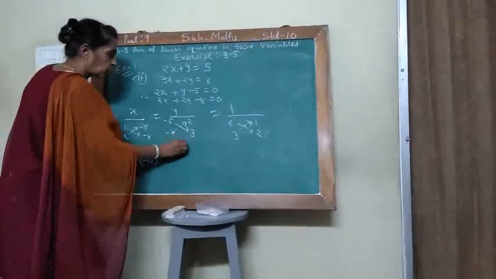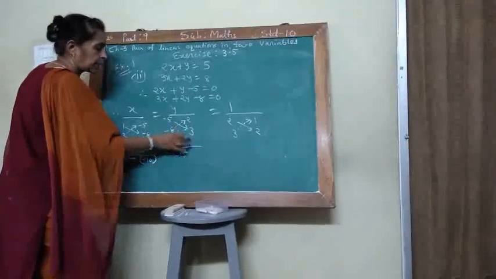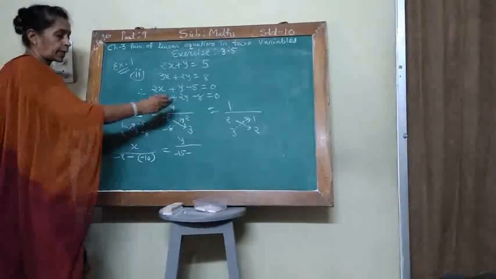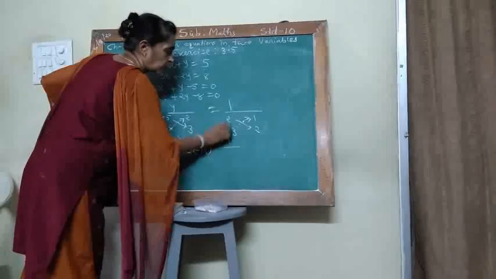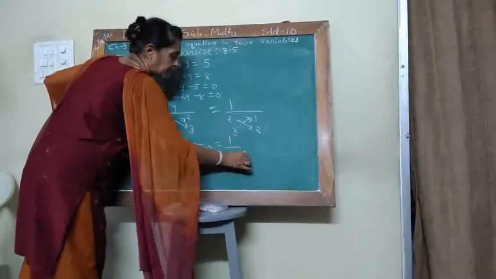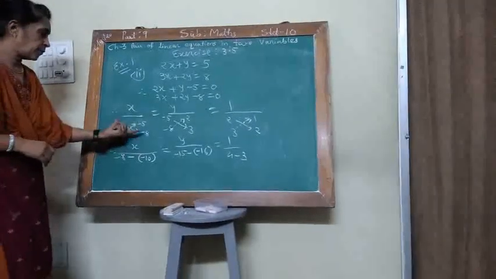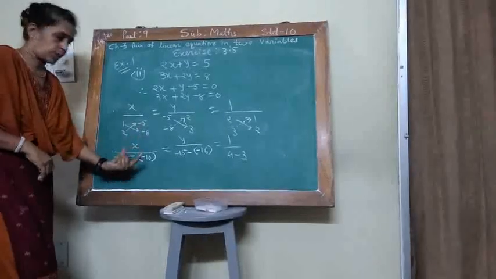That is equal to y upon product of negative plus minus 15, 5 into 3 is 15, minus again product is negative minus 16, put in bracket. And that is equal to 1 upon 4 minus 3. 3 into 1 is 3, 2 into 2 is 4. So be careful, product of these two and minus product of these two.